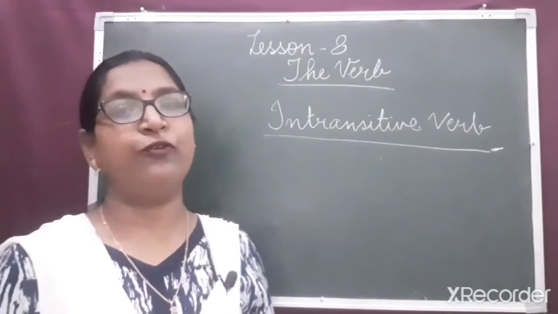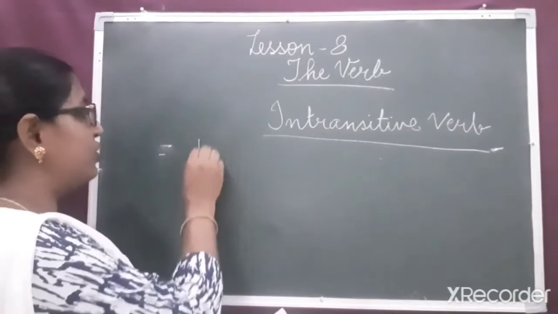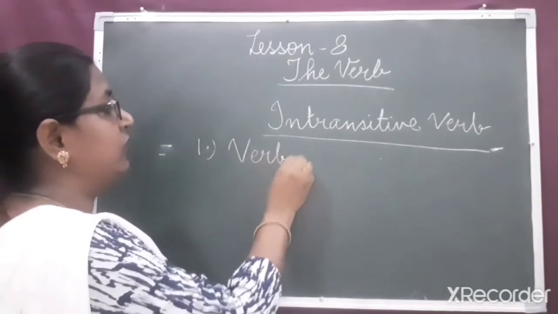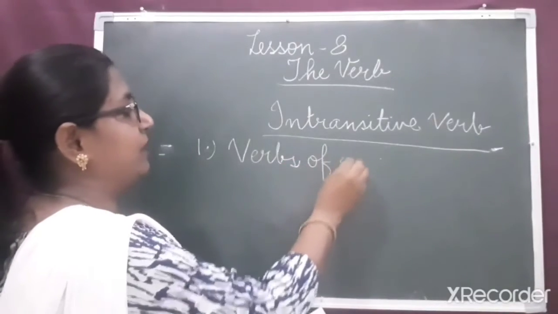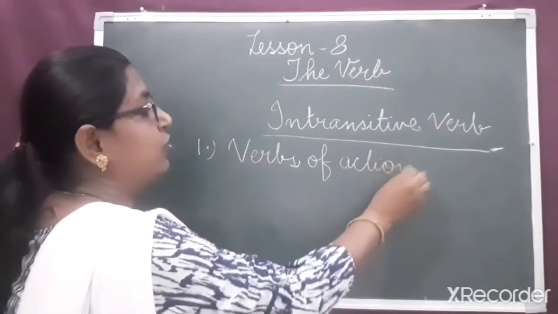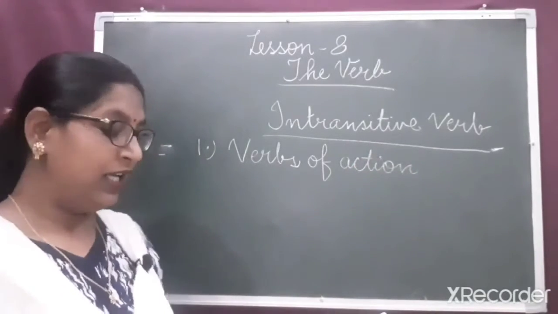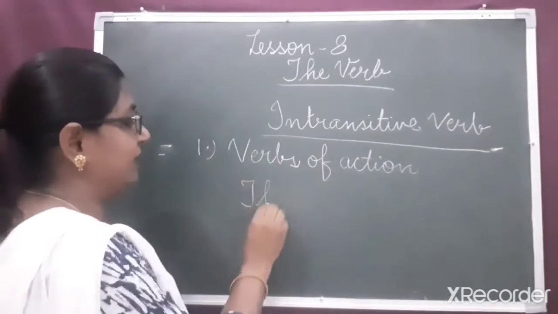Intransitive verbs are of two types. The first one is verbs of action. Verbs of action. For example, the telephone rang.